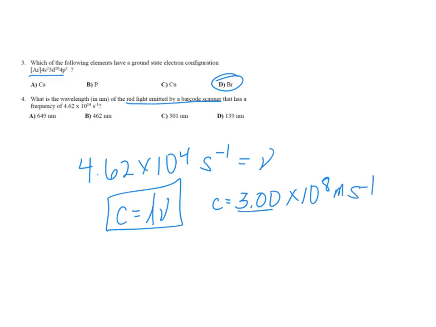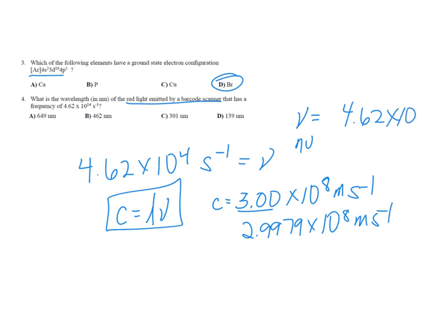That is just the 2.9979 times 10 to the 8th meters per second rounded. So you can use whichever one you want. And it has a frequency, so nu is 4.62 times 10 to the 14th reciprocal seconds.